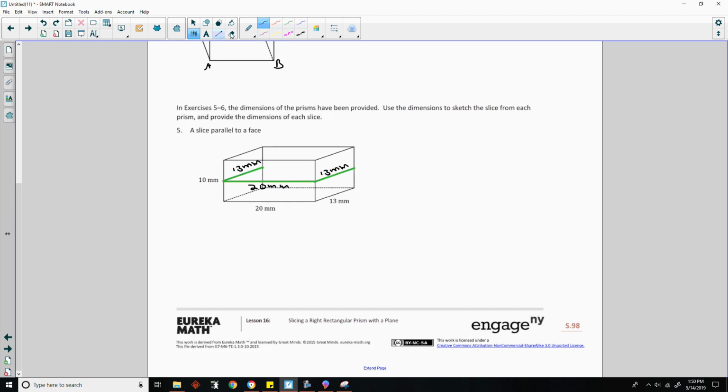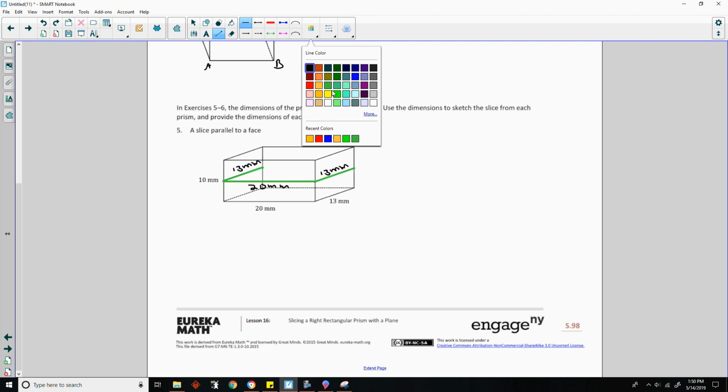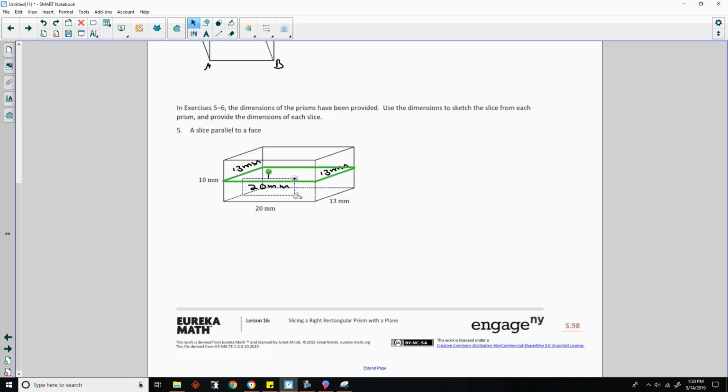And then finally, drawing a straight segment from here to here. And so there is my cutout. And that is also 20. So it's 13 millimeters by 20 millimeters. It is parallel to the bottom and the top. It is perpendicular to all four sides.